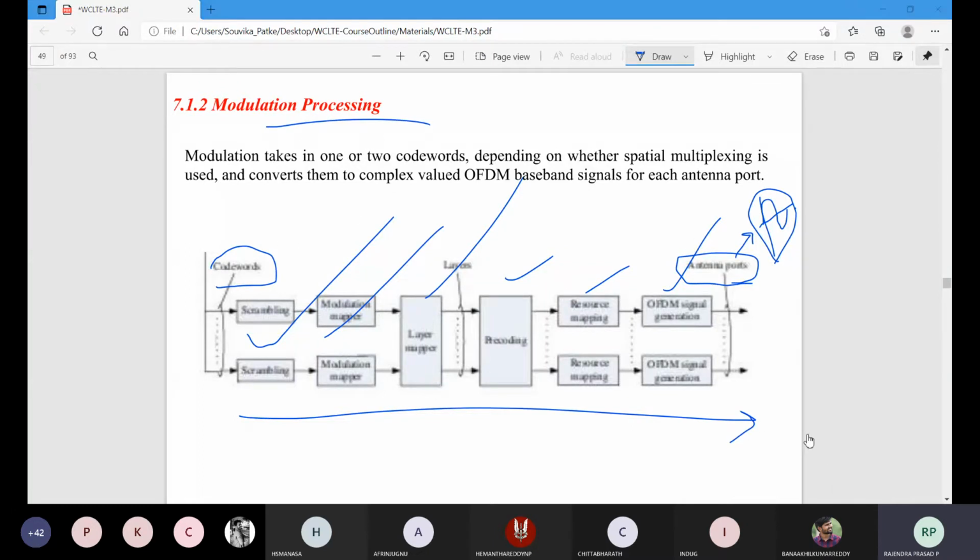In general terms, what is modulation? You have learned this definition in your communication systems or principles of communication systems course. Modulation is a process of varying one of the parameters. Which parameters are you going to vary?